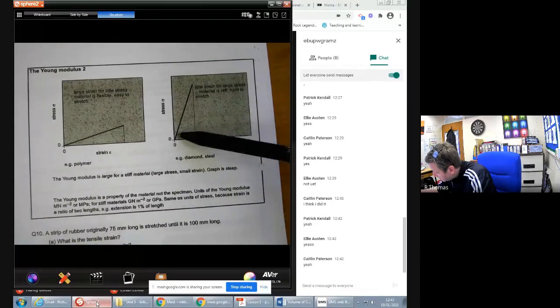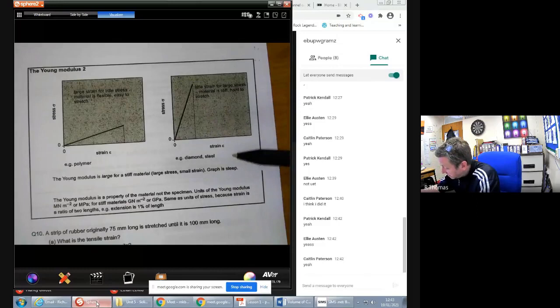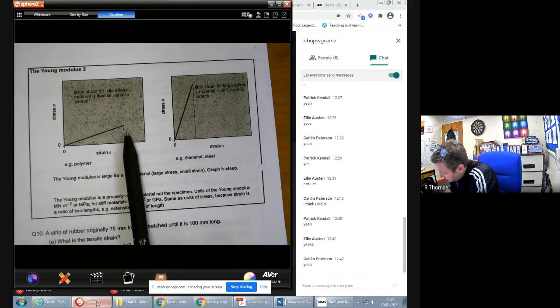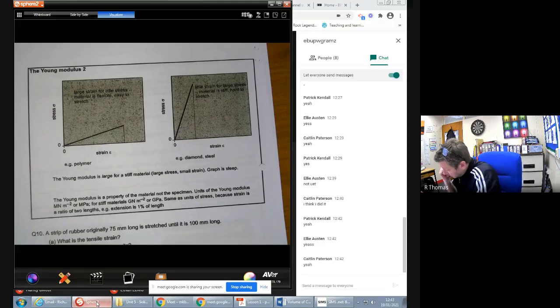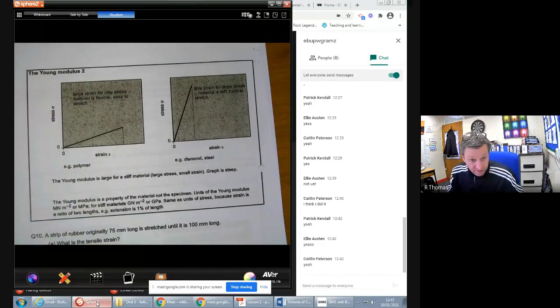If it's very steep, that means it has a high Young's modulus and it's a stiff material, right? And of course, conversely, if the graph is very shallow, it'll have a low value for the Young's modulus, and the material will be effectively brittle like glass. So you need to try and understand that.